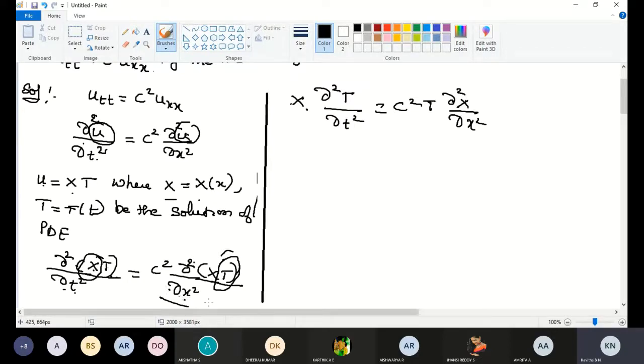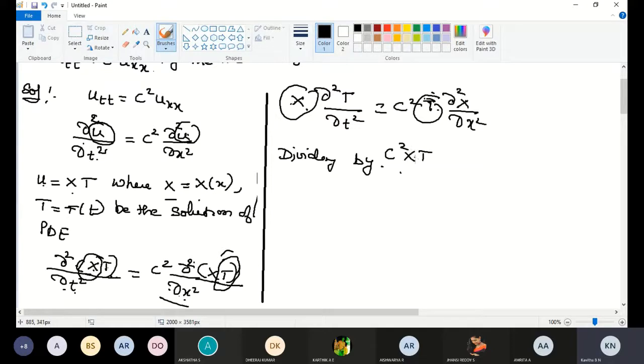Okay, then next step what we have to do means here dividing throughout by, observe here, I don't want X term here. And also I don't want T term here. That's why I want to remove them, means dividing throughout by c square capital XT.